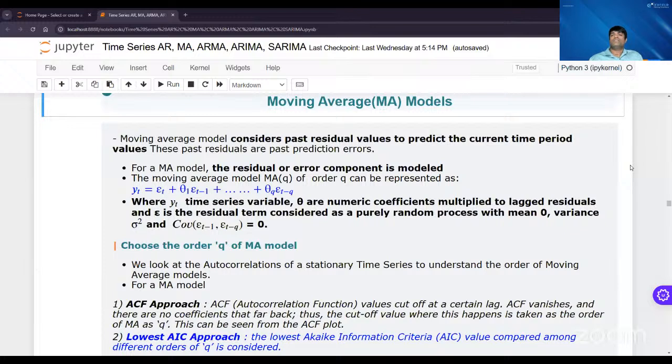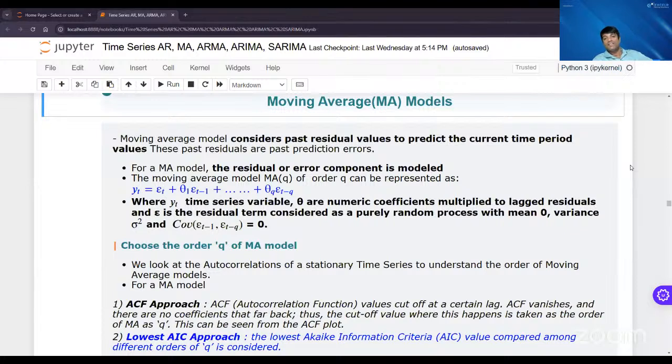These are very standard models which have existed for maybe 70-80 years, built by statisticians and mathematicians. Now we use them with little modifications in current-day machine learning and AI. So now let us understand what this moving average is about.